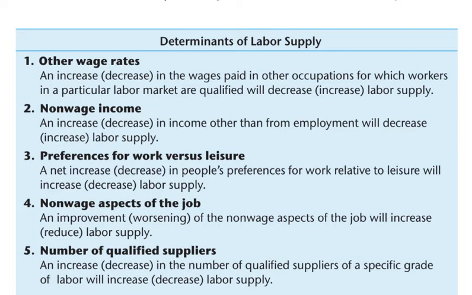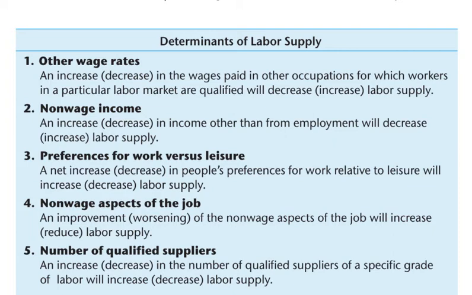The next factor that may shift the labor supply curve is the non-wage aspects of the job. An example of a non-wage aspect of a job can be the working conditions, such as better office spaces, better facilities, and many other aspects.